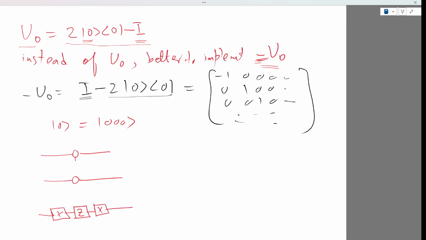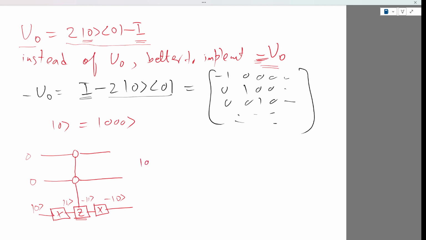So in this circuit, when the input over here is 0 and 0, these controls would be activated and the Z gate would be applied. And then when the input is 0 here, this X gate will make it 1, and the Z gate will make this 1 a -1, and the X will convert it back to -0.